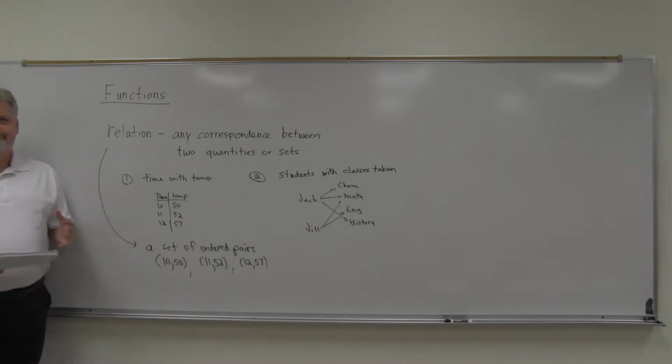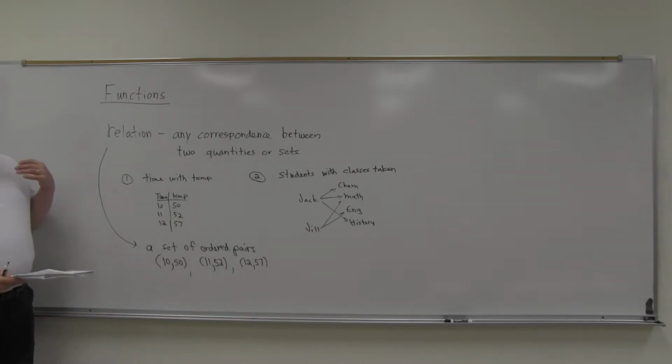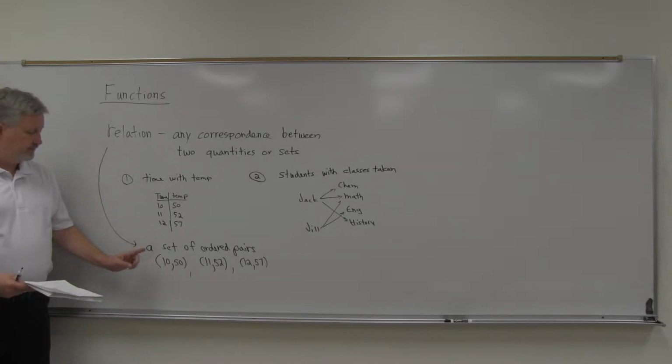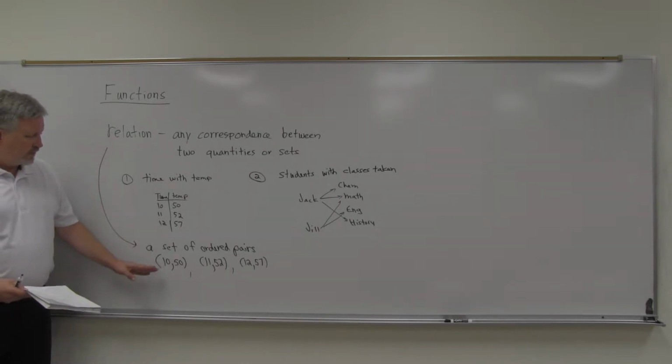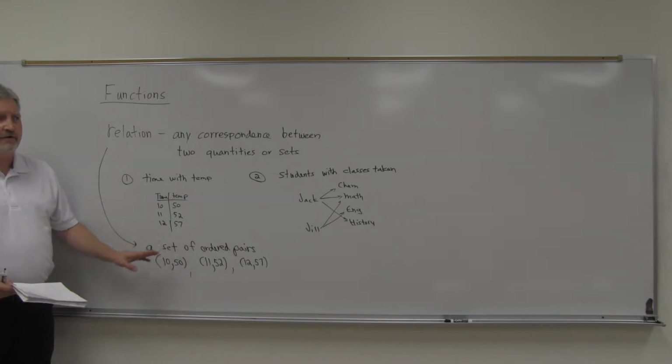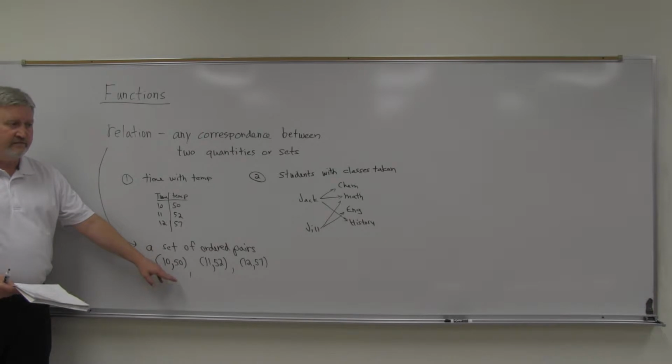All right, now another term we could use also here. If we set this up, probably the way we would do it is say, well, what we're doing is we're taking 10 o'clock and then matching it with its temperature. So 10 o'clock is the input and 50 is the output.